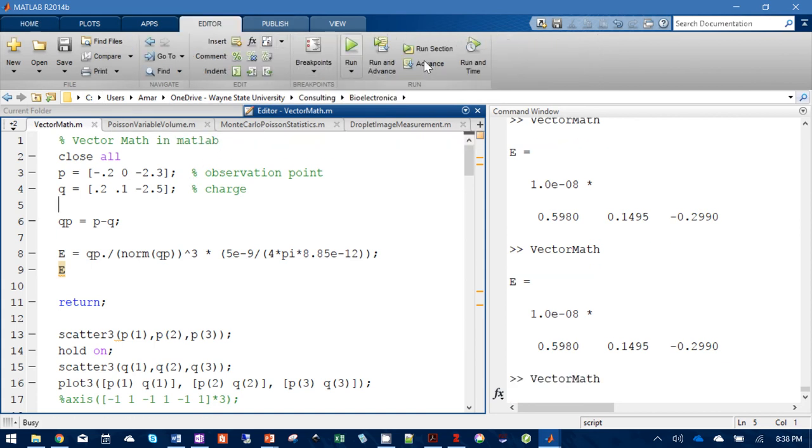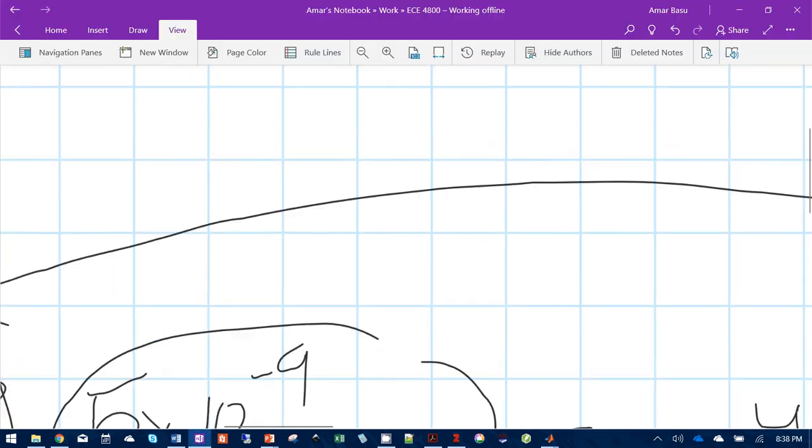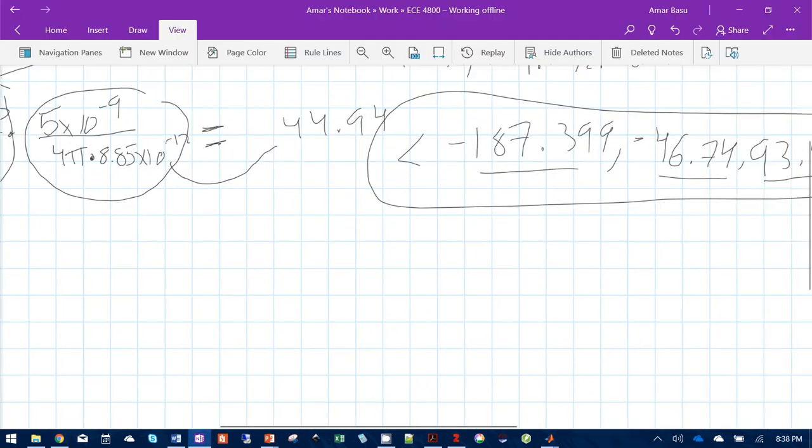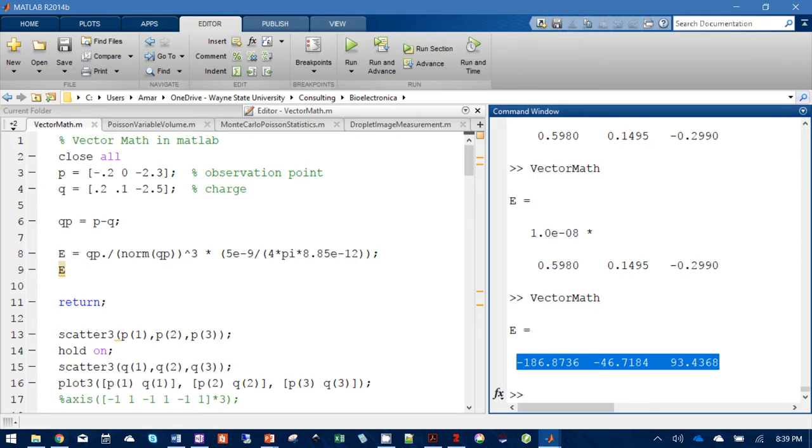Thank you. All right, so there's my electric field. Negative 186, negative 46. Let's see if these answers match here. Negative 186, 46, and then positive 93. Good. You're good. You can use MATLAB to check over your work if you like. Small rounding errors I don't care about.